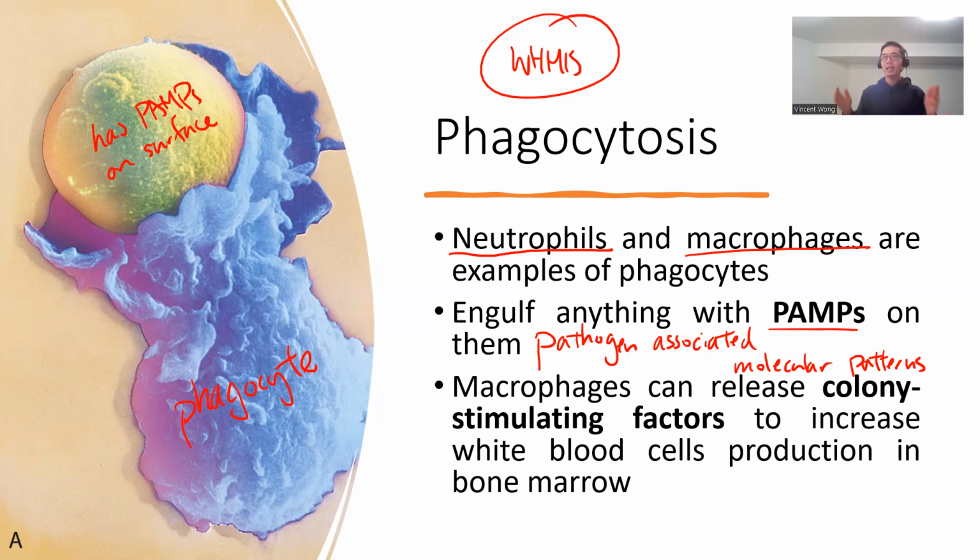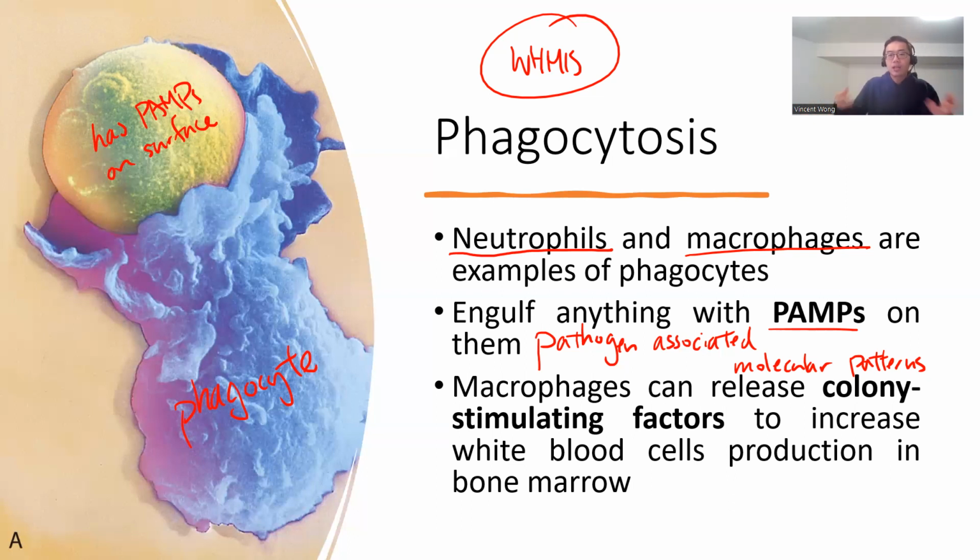Now, when the phagocytes encounter these things with PAMs on them, they have to call for backup. The neutrophils are like, we cannot deal with this alone, and the macrophage will help call for reinforcement. To do that, they release colony stimulating factors.